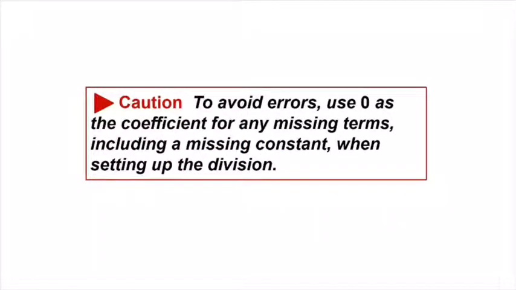Okay, now just as a reminder, it's really important that if there are any missing terms, any missing powers of your variable, you must put 0 in as a placeholder, because with the variables missing, you won't be able to keep up with the powers unless you know that every power is represented. So for example, if my polynomial that I was dividing into was 4x to the 4th minus 6x squared plus 4, notice that I'm starting with x to the 4th, but I don't have an x to the 3rd term, and I also don't have an x term.